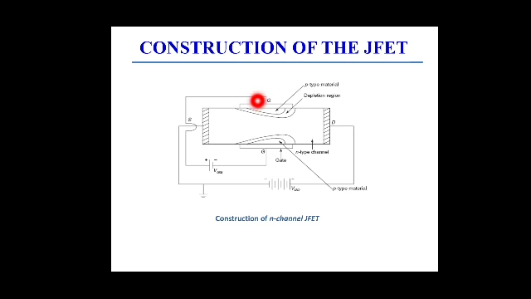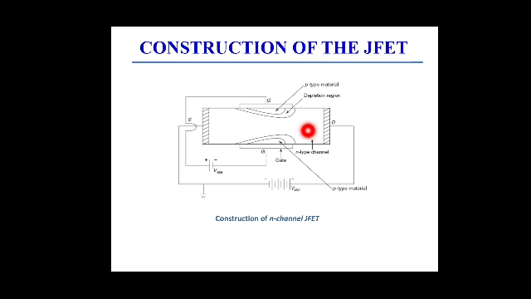If you want to construct an N-channel JFET, then this semiconductor bar is doped with N type impurities. So here you can see an N type channel is given. This pure or intrinsic semiconductor bar is doped with N type impurities, or pentavalent impurities.